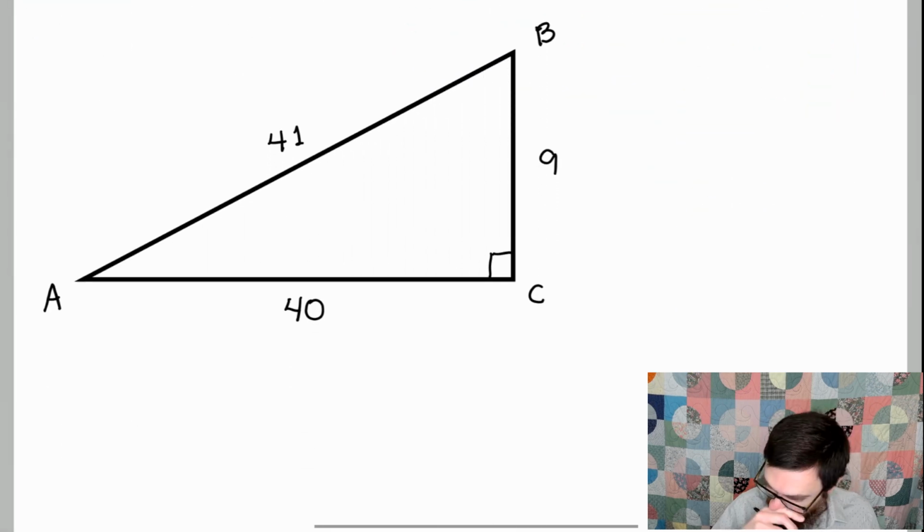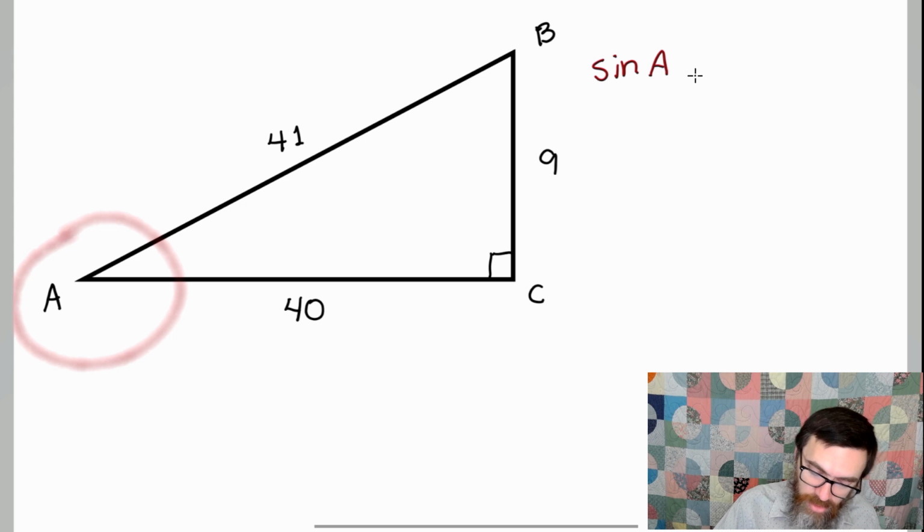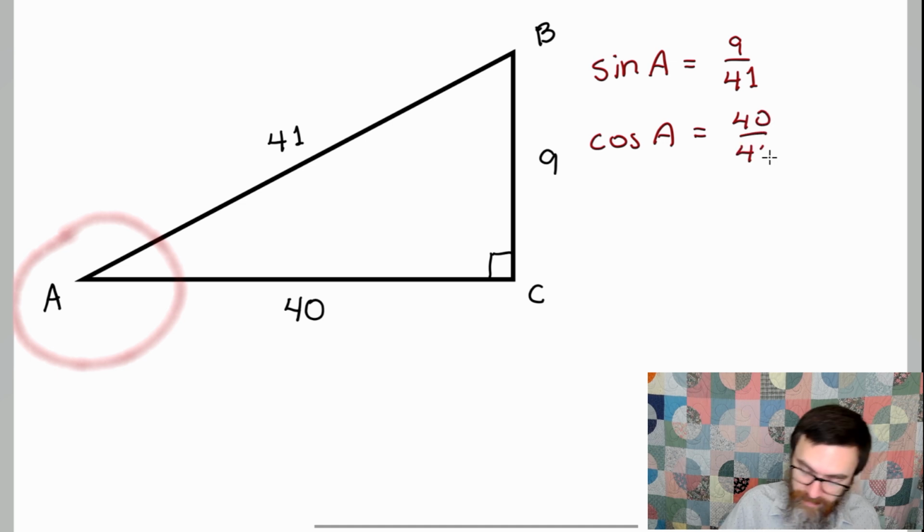Let me focus on angle A. So the sine of A, again, remember, opposite over hypotenuse, is 9 over 41. And the cosine of A would be the adjacent, 40 over 41.